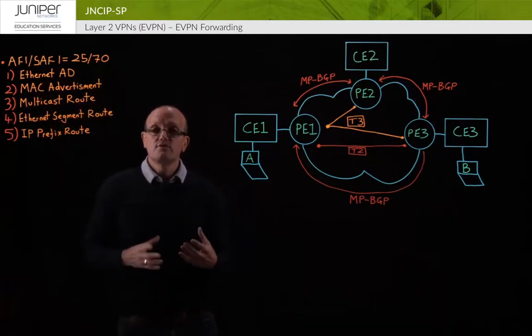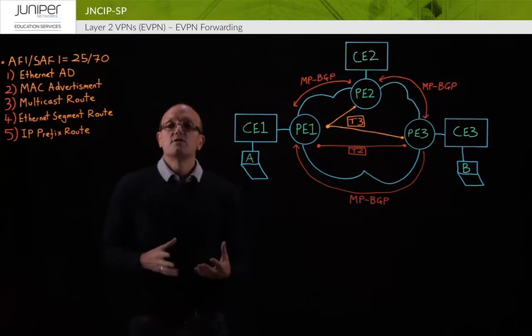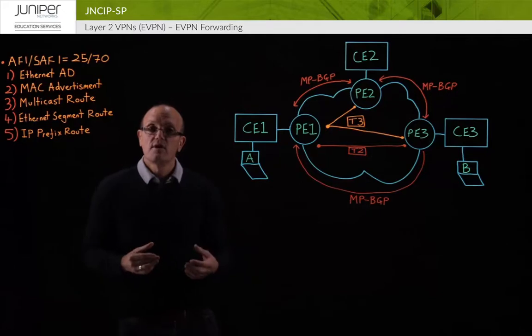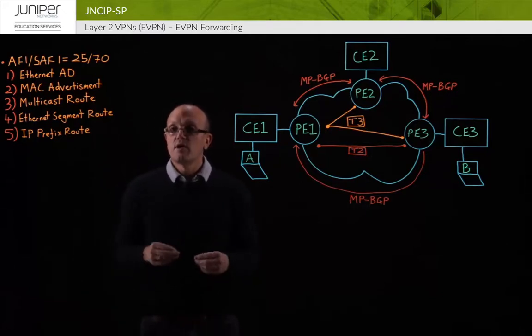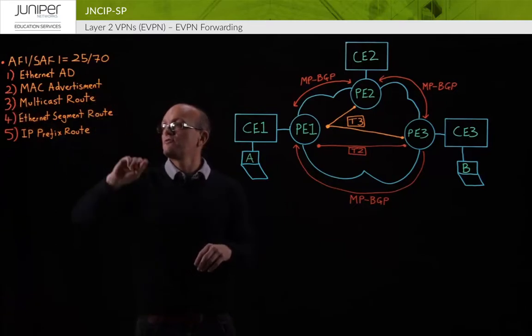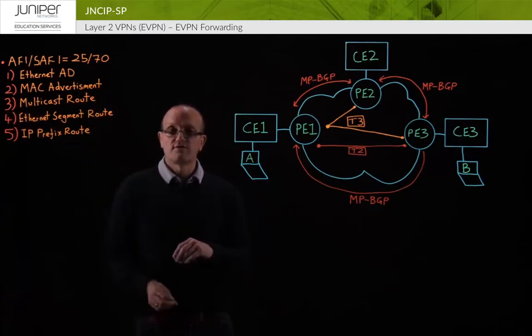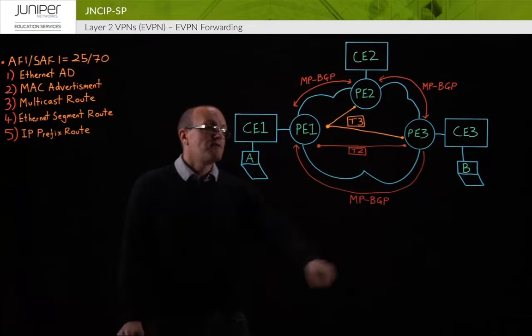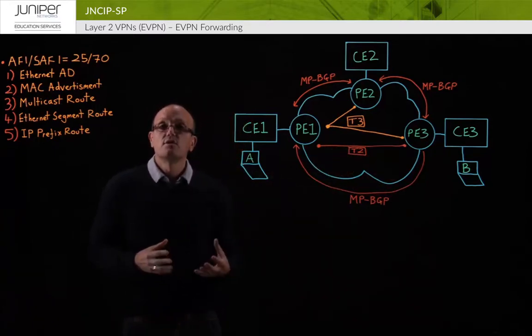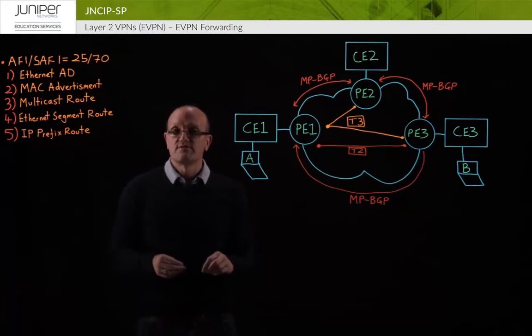When it comes to signaling the location of MAC addresses and supporting data forwarding within an EVPN, we're talking about the type 2 route and the type 3 route. So the type 2 route is what's advertising the location of MAC addresses.